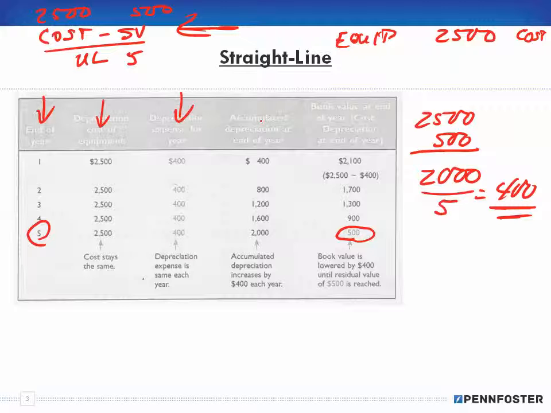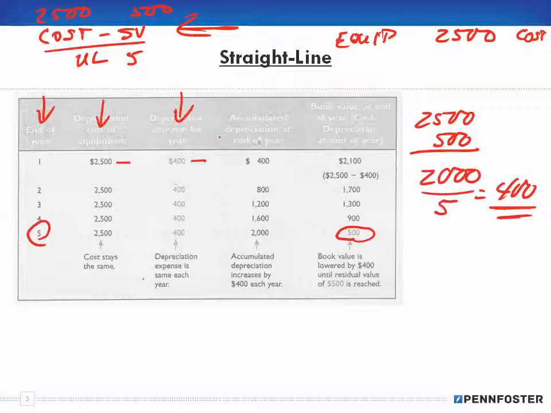But when we look at our accumulated depreciation, remember, accumulated is how much you've done up to that moment in time. So in year one, we have a cost of $2,500, and we say we're going to depreciate it $400.